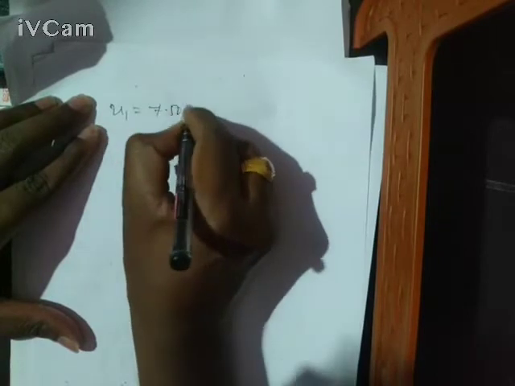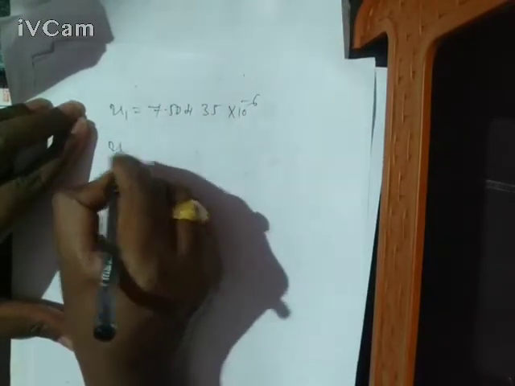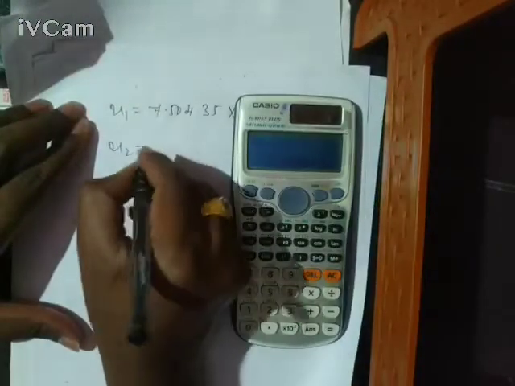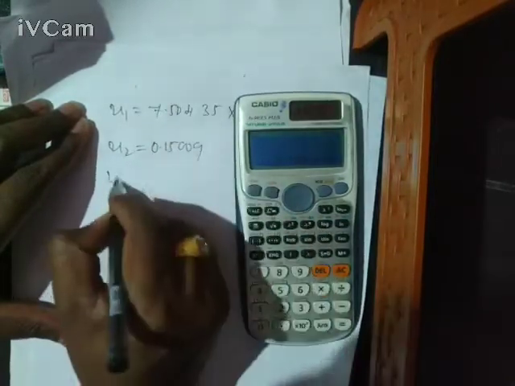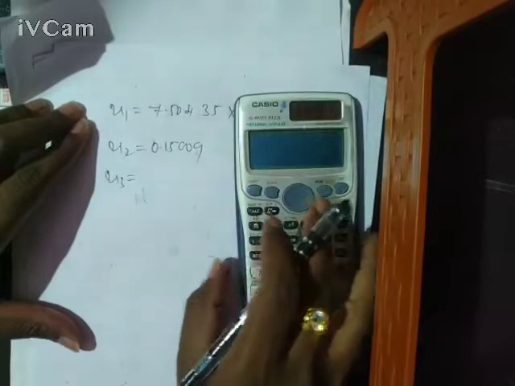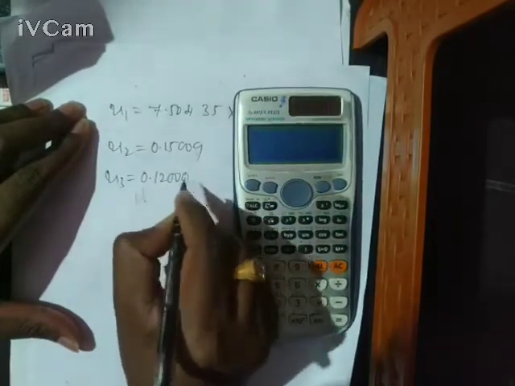So yes, these are my displacement values. What are my displacement values? U1, U2 and U3. So look here, my U1 value is 7.50435 into 10 to the power minus 6. What is U2? U2 is 0.15009, and U3 is 0.12000.